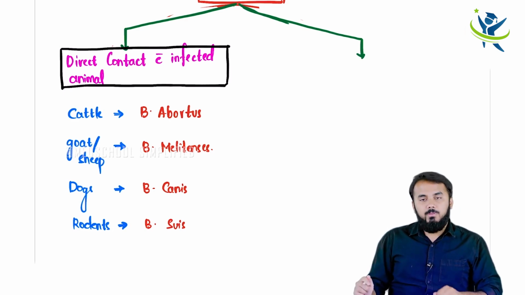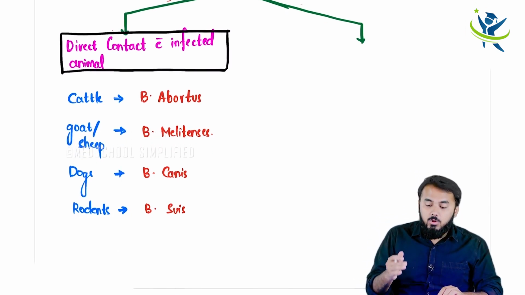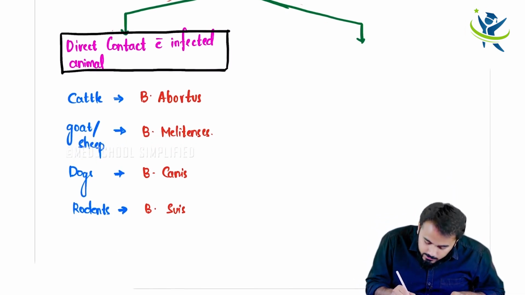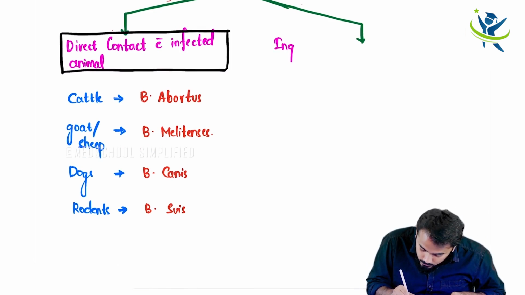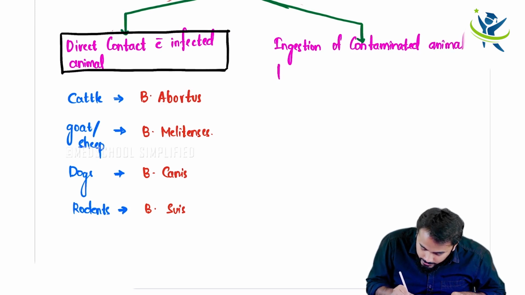How is the next group of people infected? The next group of people are infected by ingestion of contaminated animal products. What do you mean by this?